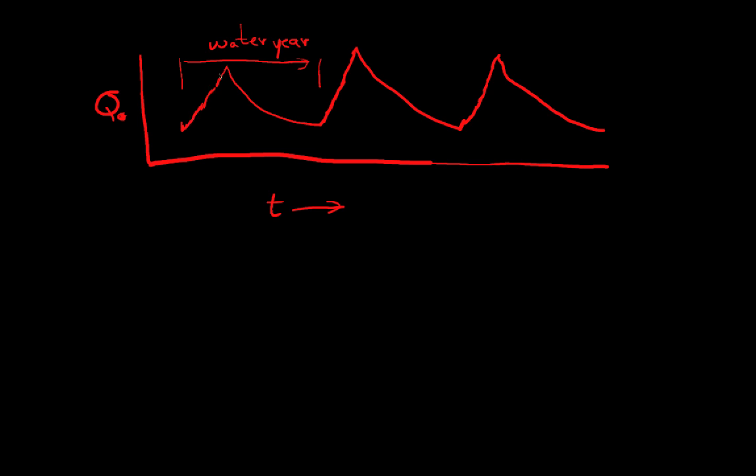Then into the fall and early winter we have the buildup of the stream as all the heavy precipitation occurs. Then in late spring through the summer we have the decay of the stream flow to the end of the water year. So here's one water year, 2 water years, 3 water years. The period from the maximum flow down to the minimum flow, during a time in which there's very little precipitation, is the period of the base flow recession.